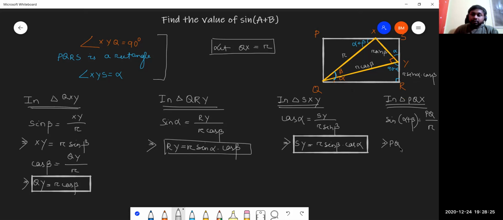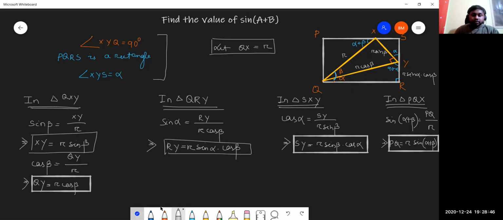So the PQ length I can write down as r times sine alpha plus beta. So far we got the value of xy, that is r sine beta, the value of qy, the value of ry, the value of sy, and the value of pq.